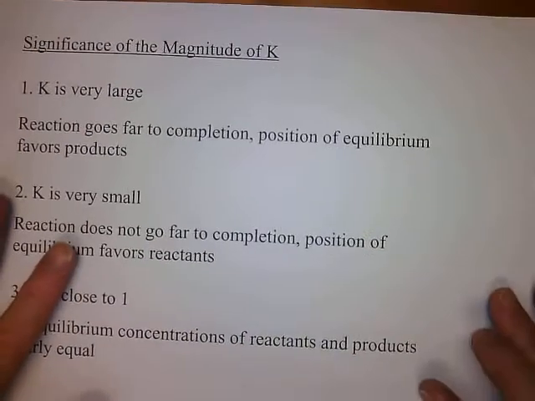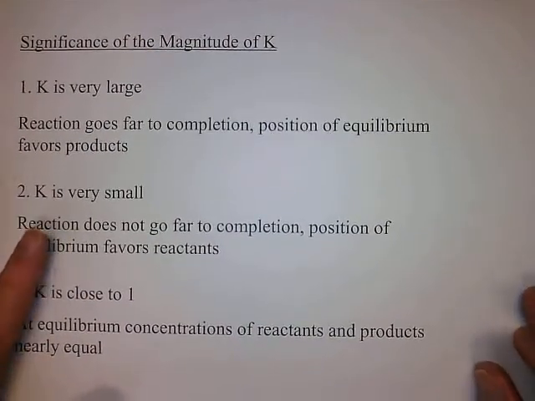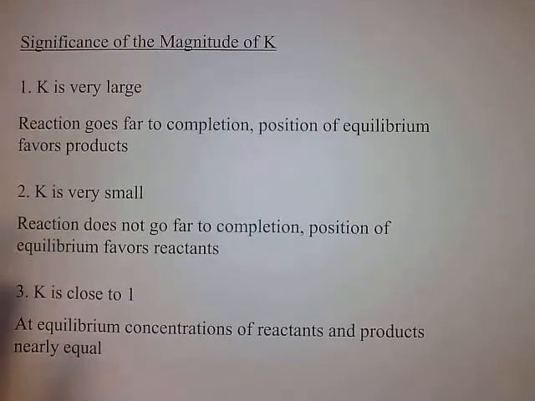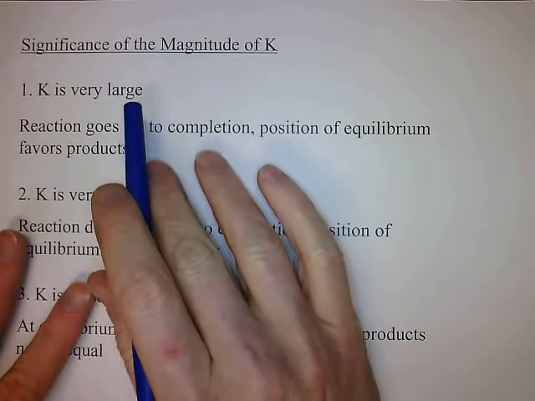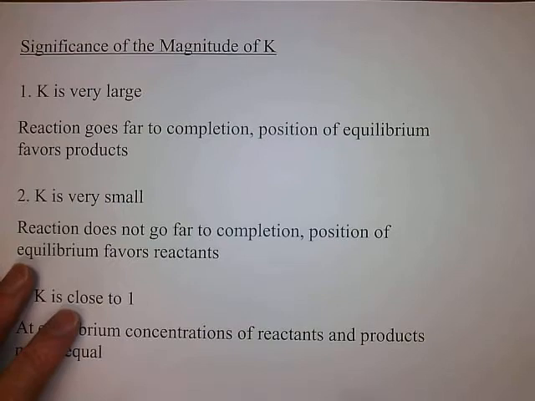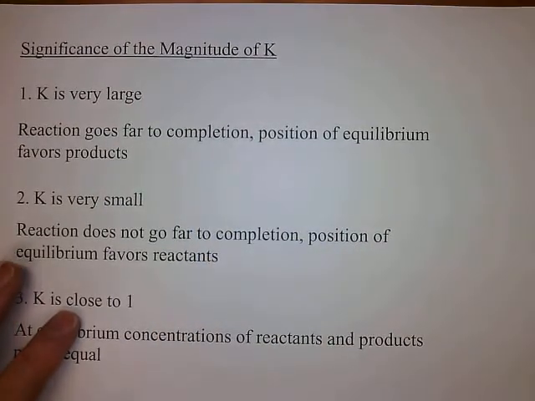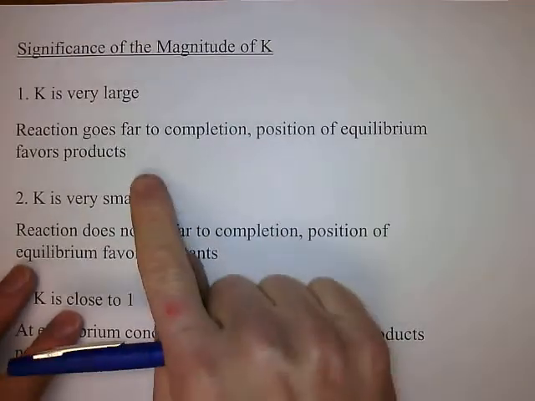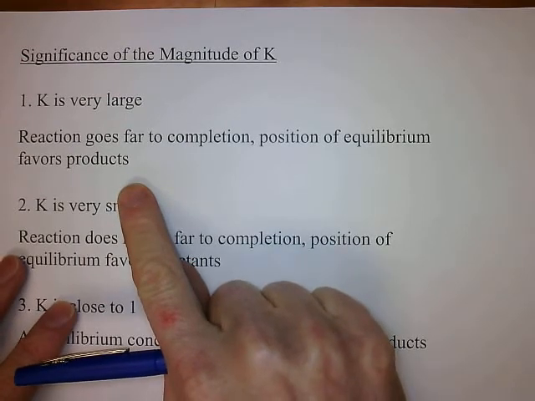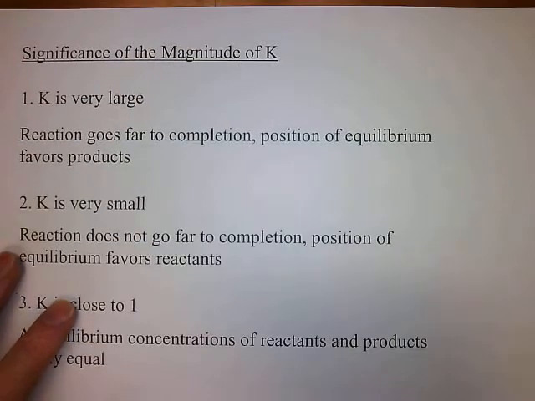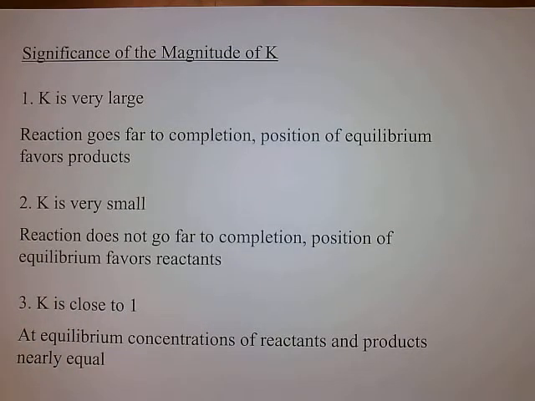Okay, so what is the significance of the magnitude of K? If K is very large, the reaction goes far to completion. In other words, the position of the reaction favors products. Let's use a simple example.